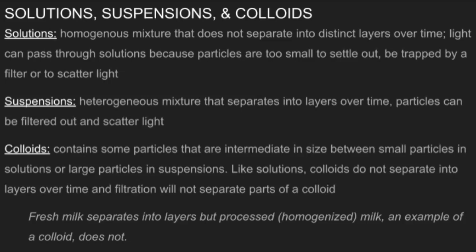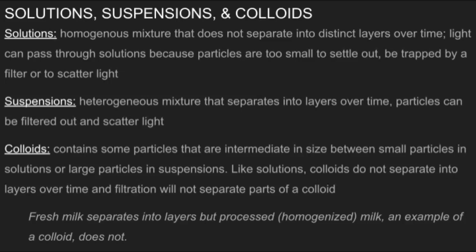It's now homogenized. That fat layer is worked into the entire milk, and in that process, it's so evenly dispersed that it cannot separate out. It won't become layers. Some of us are still in the habit of shaking our milk. That's where that comes from, especially if you have older family members, because if you were on the farm, you would have to shake the fat at the top to disperse it through the rest of the milk.